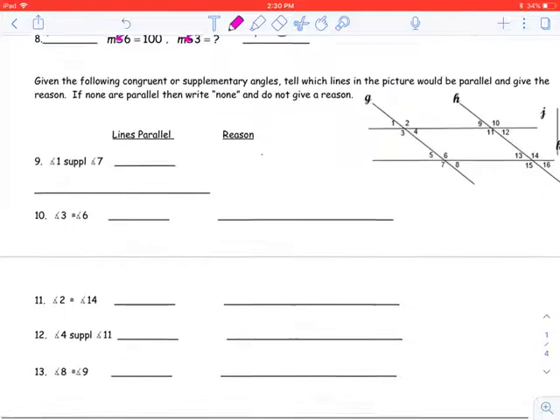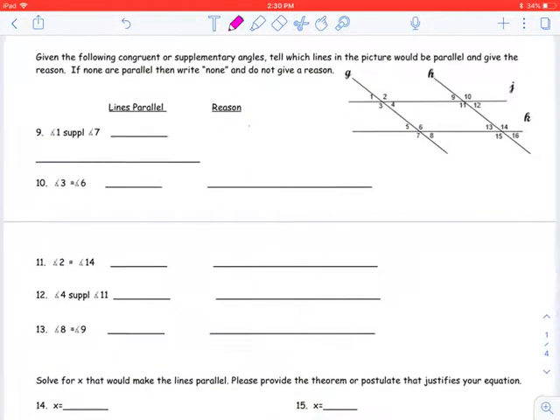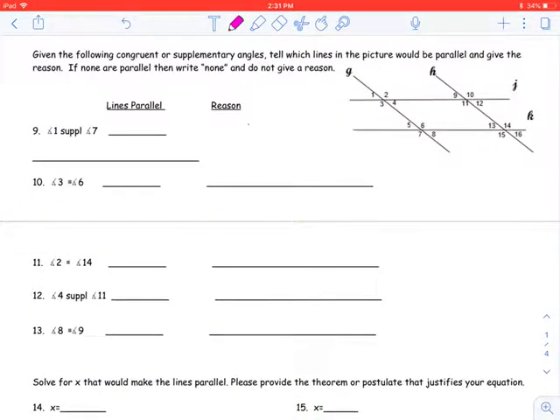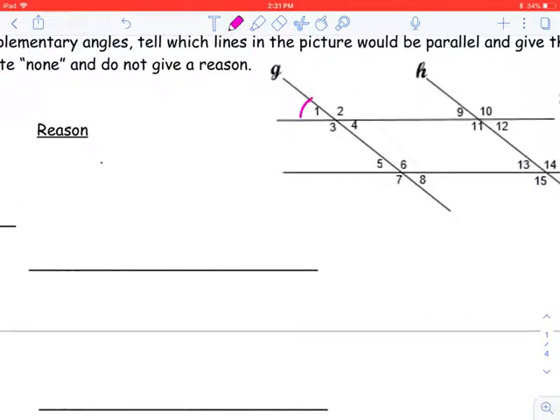Now for this section, given the following congruent and supplementary angles, tell which lines are parallel in the picture. If none are parallel, write none. In this case, it says angle 1 is supplementary to angle 7. So I've got angle 1 here, supplementary to angle 7.